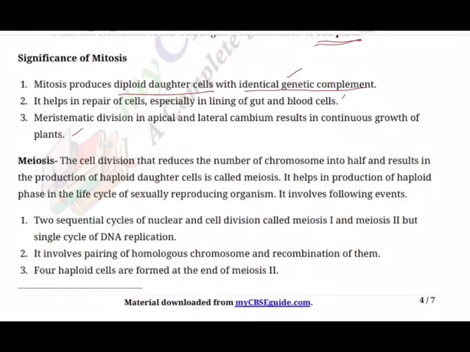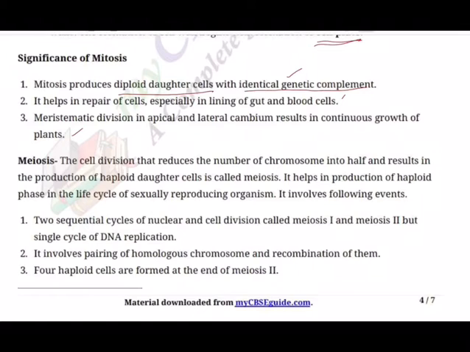And meiosis is more important than mitosis because it forms the cells that are responsible for the creation of all human beings, all animals and all the plants. That is, in case of animals including man, it is the sperm and the ovum, and we call them biologically gametes. So without gametes in sexual reproduction, there is no question of formation of zygote, and without zygote there is no question of life.